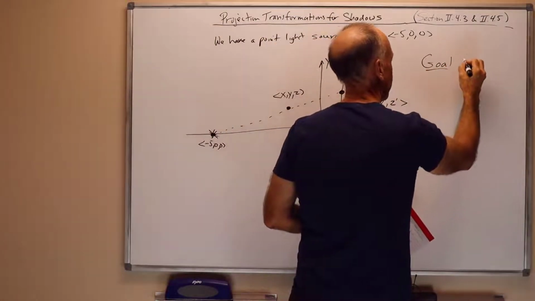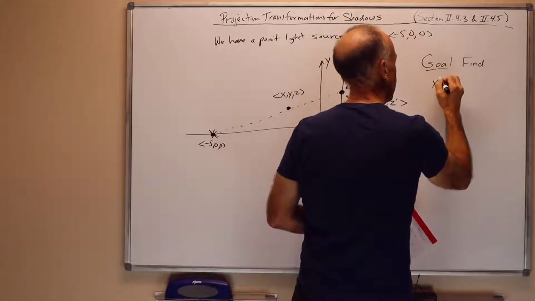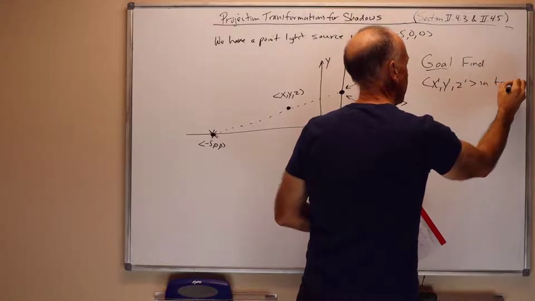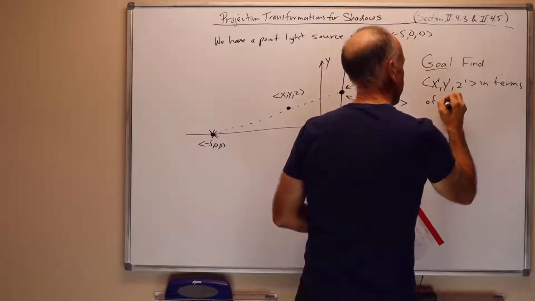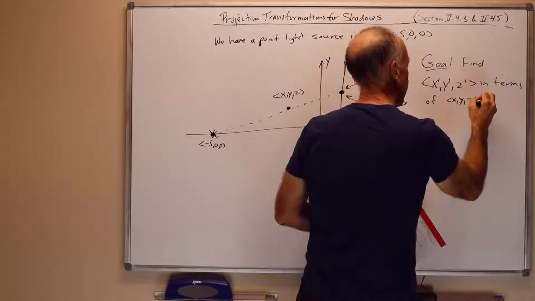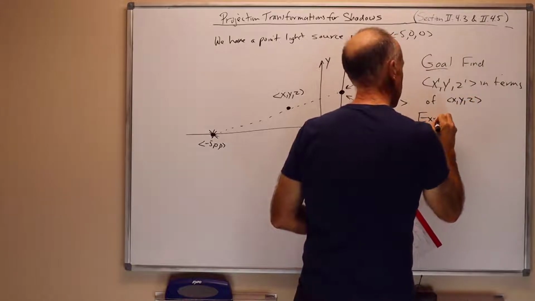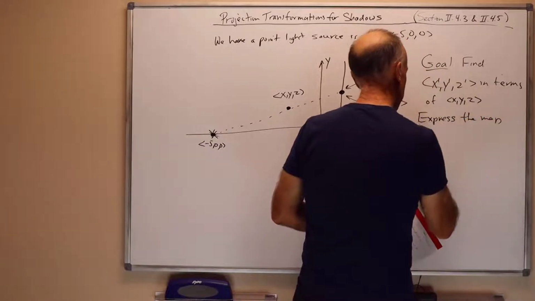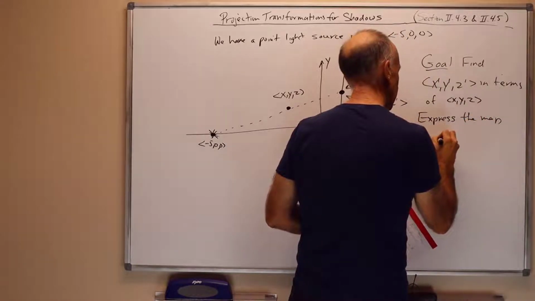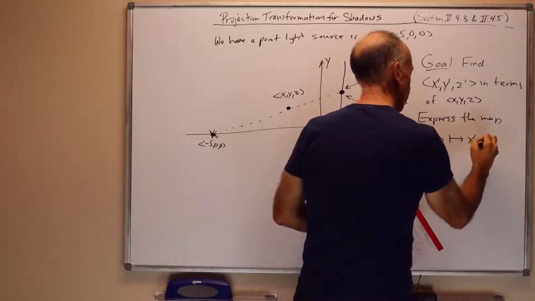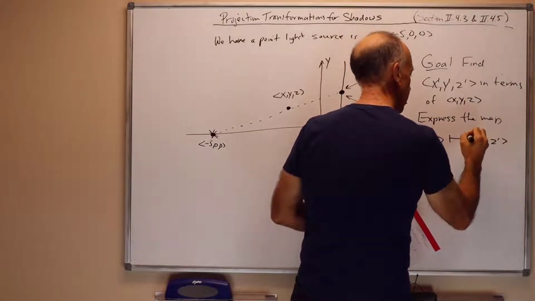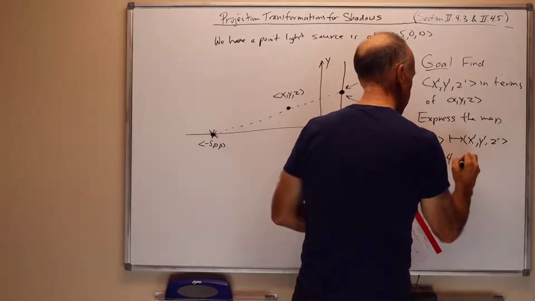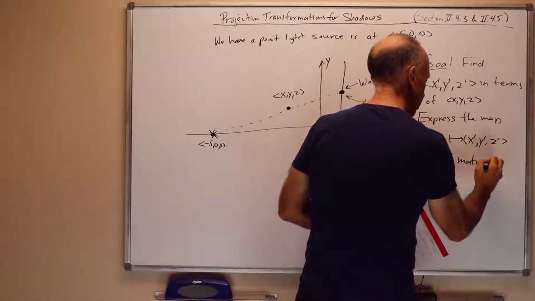So the goal is to find x prime, y prime, z prime in terms of x, y, z, and then express the map that sends x, y, z to x prime, y prime, z prime with a 4x4 matrix that acts on homogeneous coordinates.